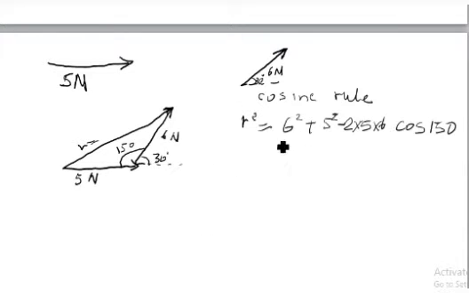If you can do this calculation here, R squared will give you 61.